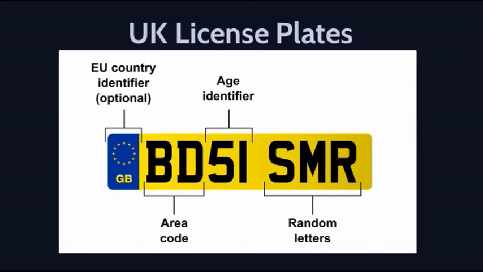So you'll have two letters as an area code. Then an age identifier, which I found a little strange that everyone knows your age, since Westerners tend to be a little bit sensitive about that. And then SMR. Okay, those are 3 random letters at the end. Okay, so 2 letters for the area code, 2 numbers for the age, and then 3 random letters.